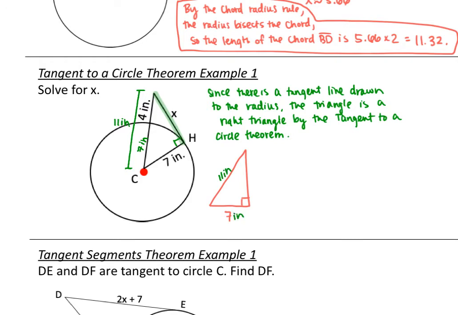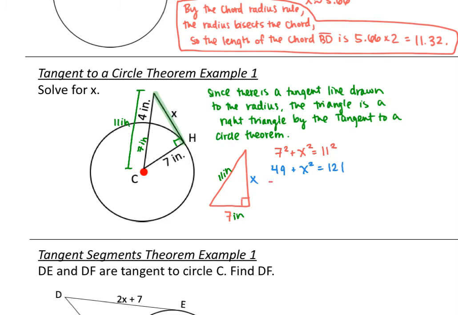So now I can solve for x using the Pythagorean theorem. a squared plus b squared equals c squared. So 7 squared plus x squared equals 11 squared. 7 squared is 49, x squared, and then 11 squared is 121.